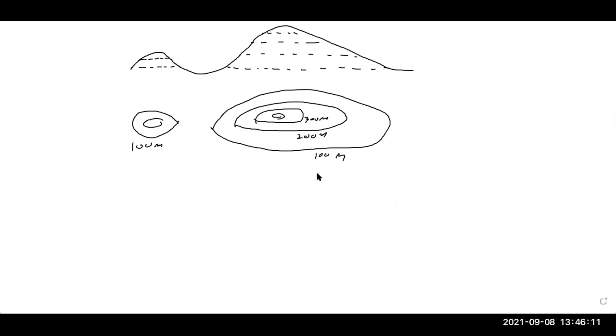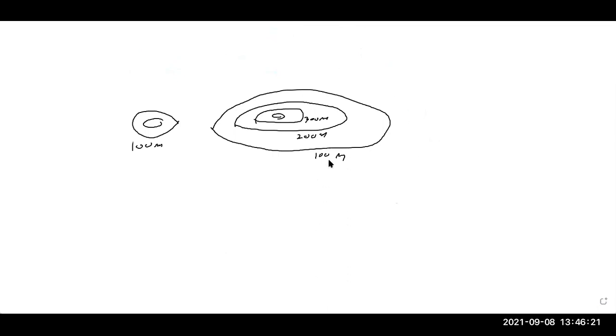So if instead of thinking about hills, we think about just a map of equipotential lines, it's going to be something like that. So there's our map.